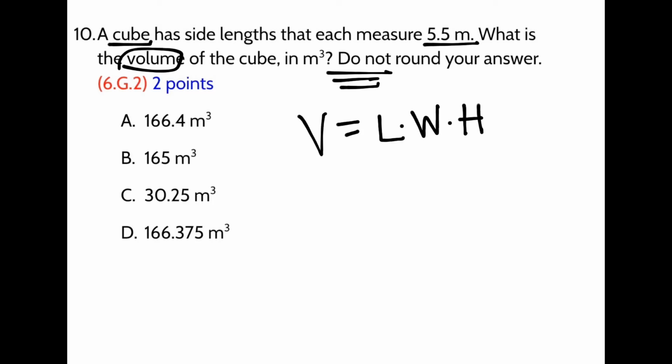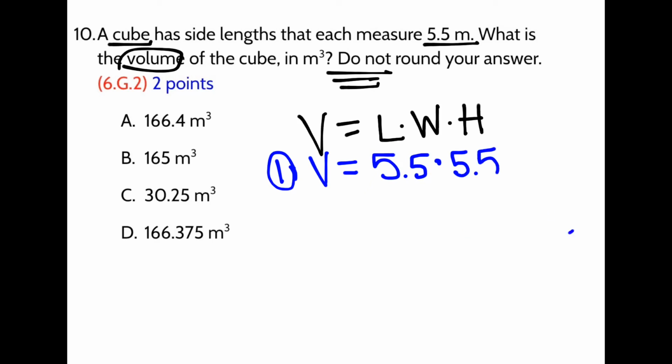Okay. So recognizing, step 1, that this is a cube, that our length is 5.5, our width is 5.5, and our height is 5.5 is step 1. Step 2 is solving. And remember, we do not round.